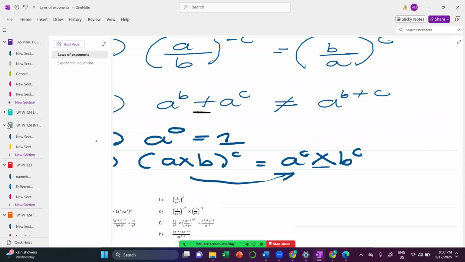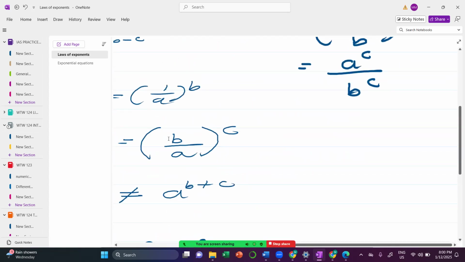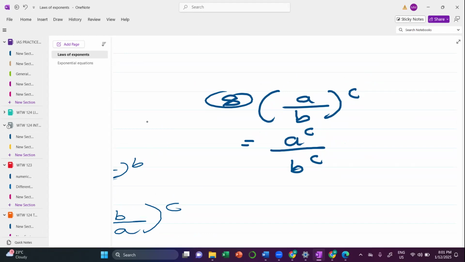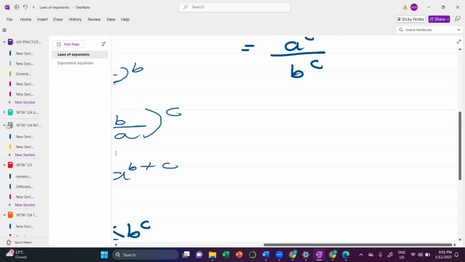With division, we are still going to do the same. We have different bases, A and B, dividing each other. We give A the same exponent as B, and we keep the division line. So it's going to be A to the exponent of C divided by B to the exponent of C. Are we all on the same page, guys?